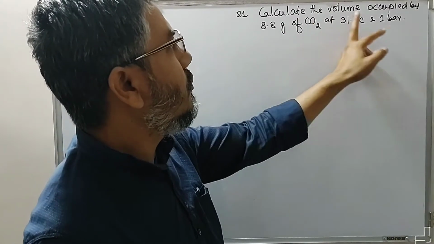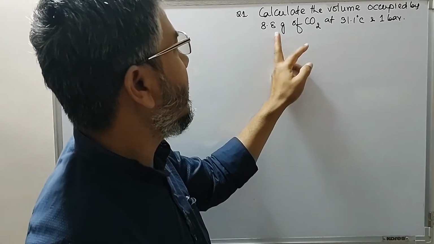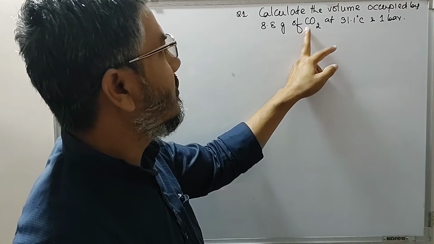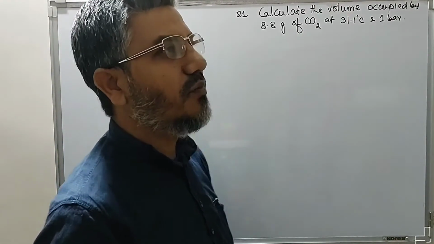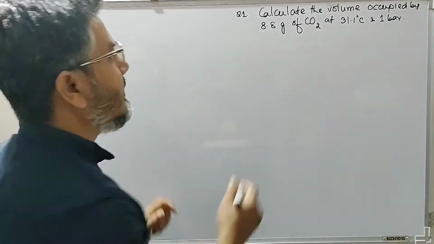Calculate the volume occupied by 8.8 gram of carbon dioxide at 31.1 degree centigrade and 1 bar. Now let's look at the data given.